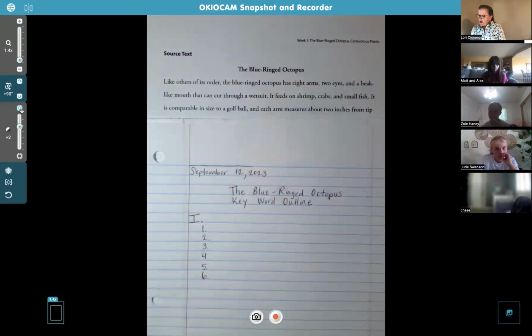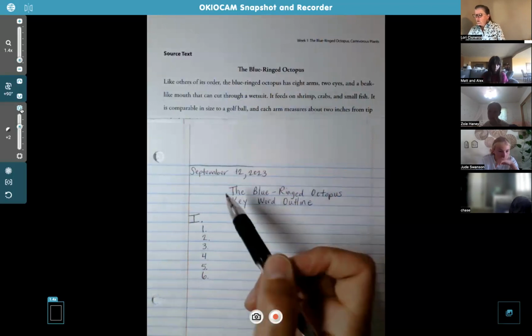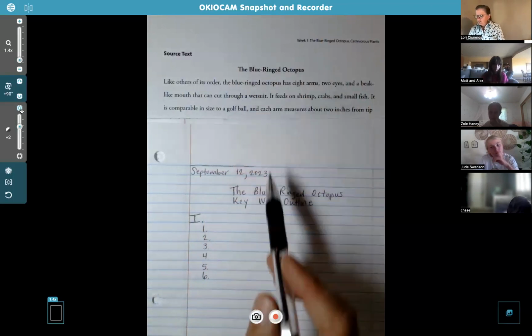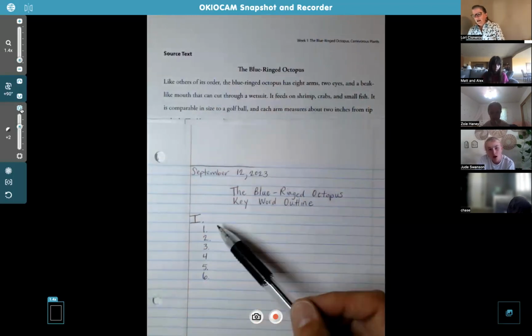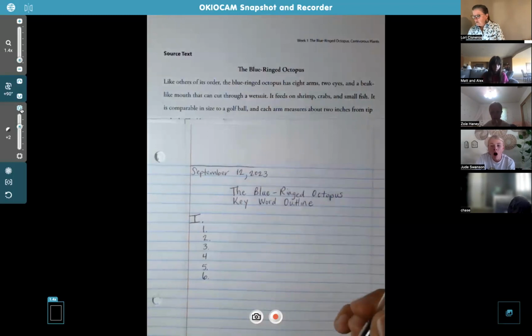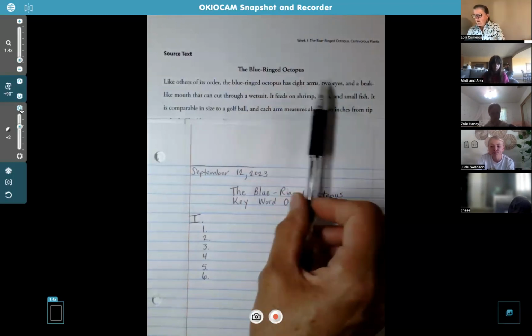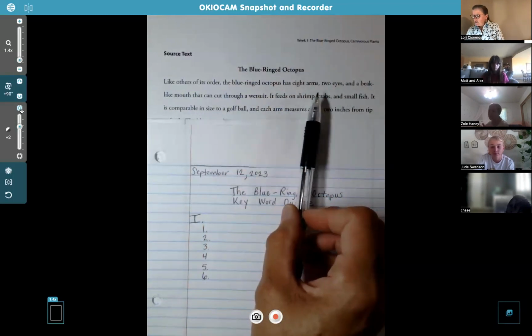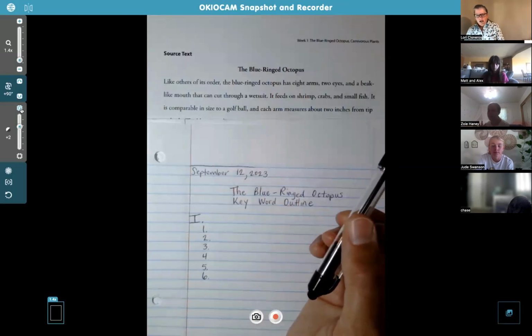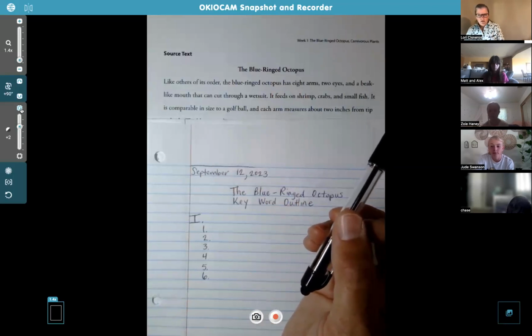So I'm going to, we already know we're talking about the blue-ringed octopus because that's the title. So I'm not going to count that on my outline because I can only use 3. So I think what I'm going to do is choose some facts that I want to put here. And I know later it talks about how it has venom in its mouth.